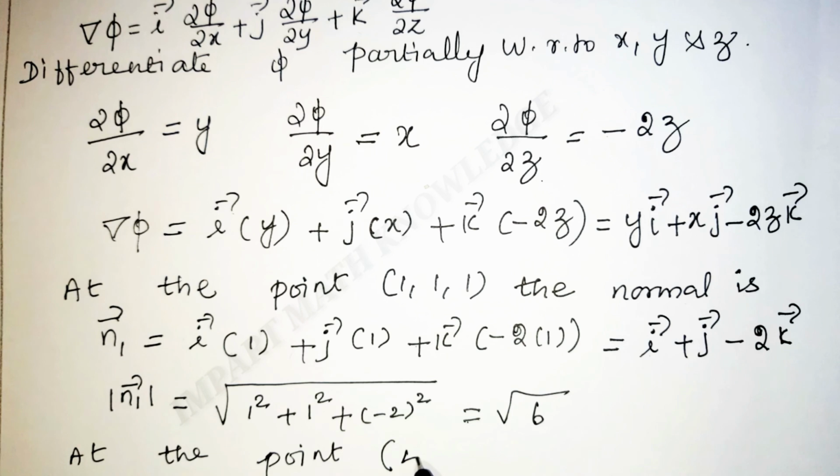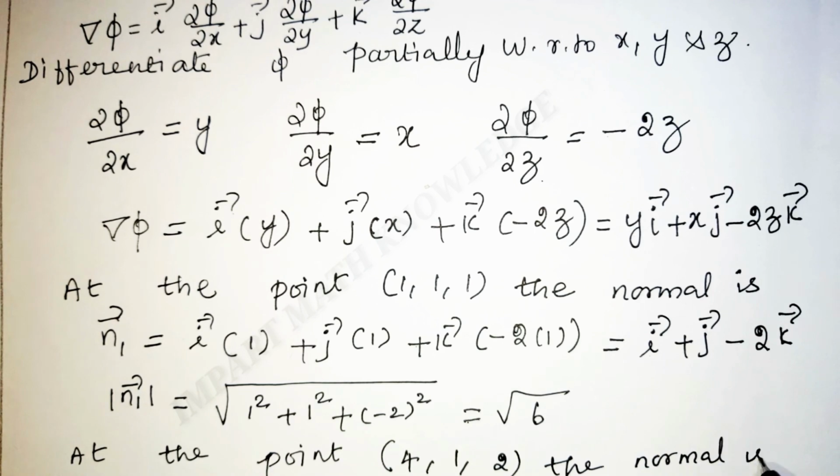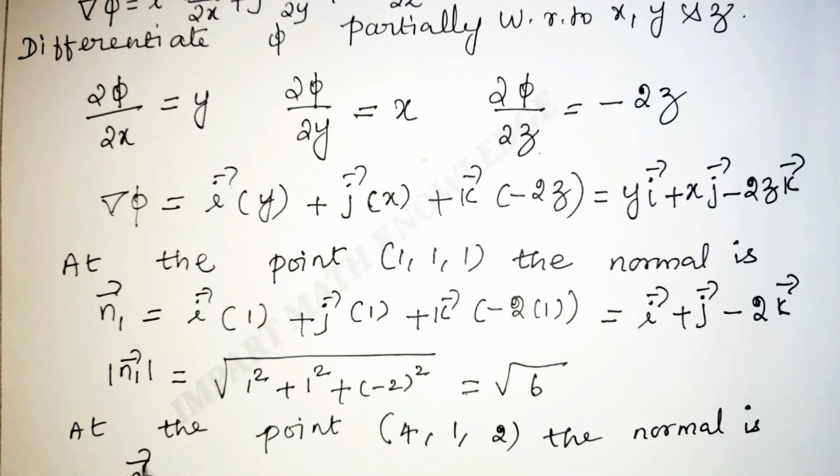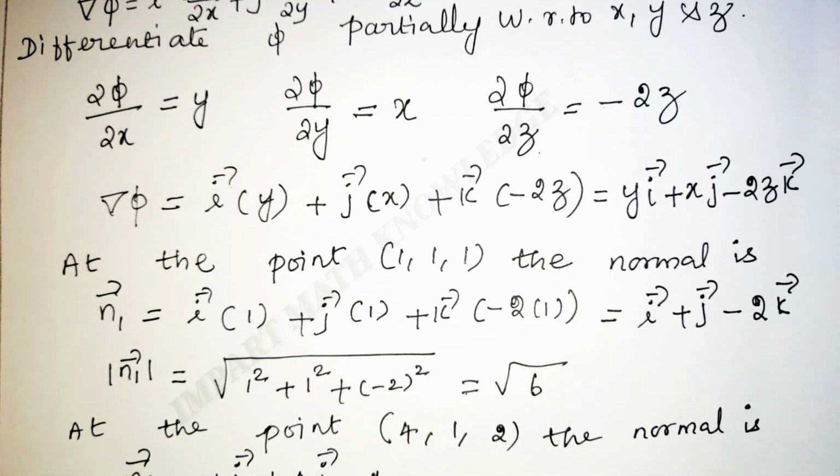Next one, at the point 4, 1, 2, the normal n2 vector is, y value is 1, 1 i vector plus x value is 4, 4 j vector minus 2, z value is 2, so 2 k vector.